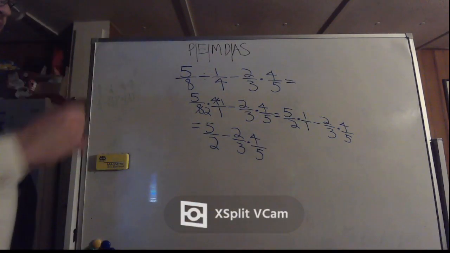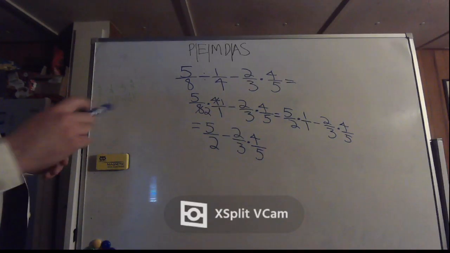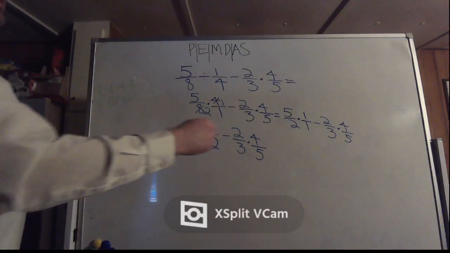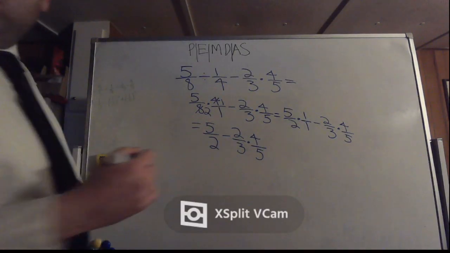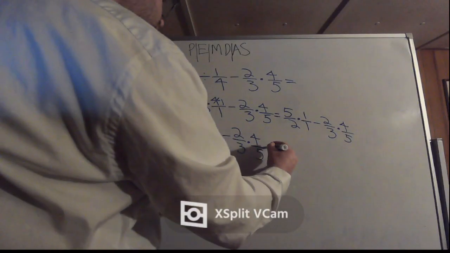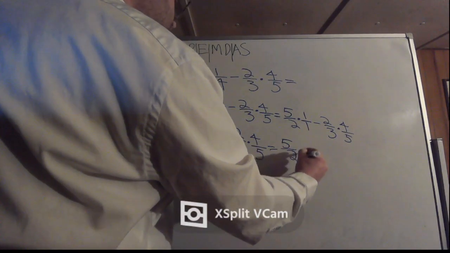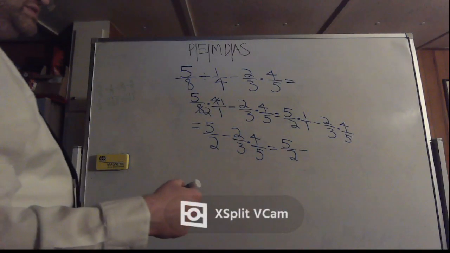Well, if we remember, now that we're down to 3 terms, we have 5/2 minus 2/3 times 4/5. We would do the multiplication before we do any subtraction. So you will have, we'll leave the 5/2 alone for a minute, minus, alright, now we have 2/3 times 4/5.